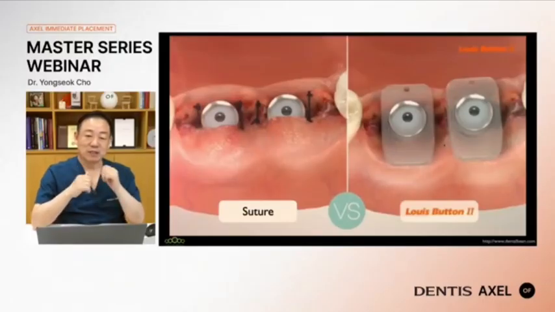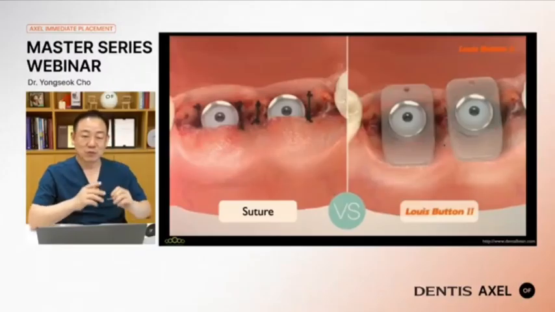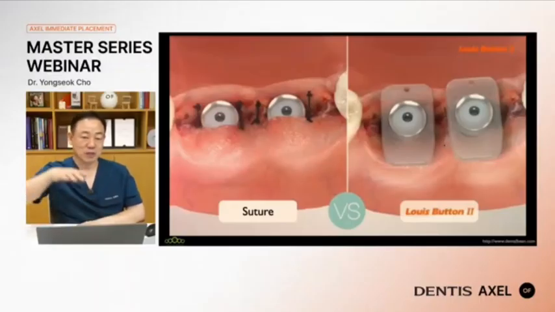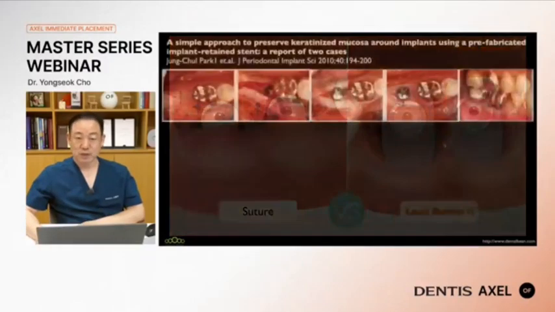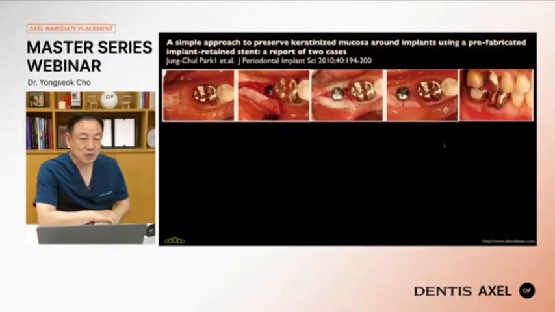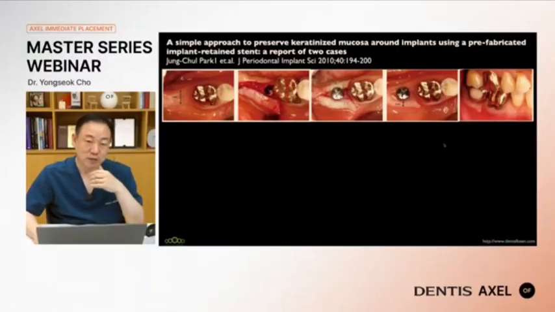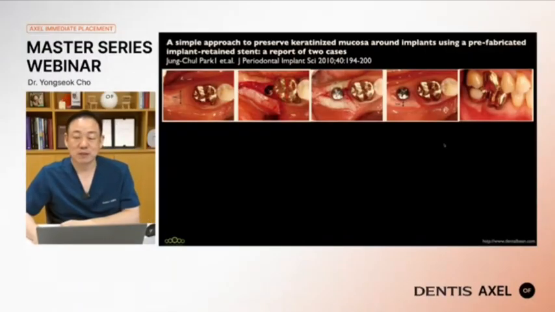When you try a simple interrupted suture, the buccal flap will move coronally, so this will reduce the keratinized tissue. However, the Lewis button will press down the buccal flap and increase the keratinized tissue. There are 2 articles which introduced the Lewis button. One article here, number 7's case, the buccal flap was pressed and stabilized with the Lewis button, and the final outcome looks nice.